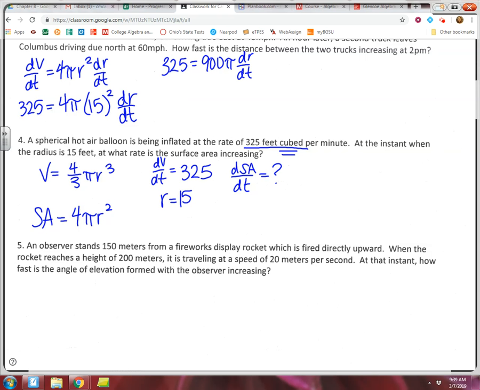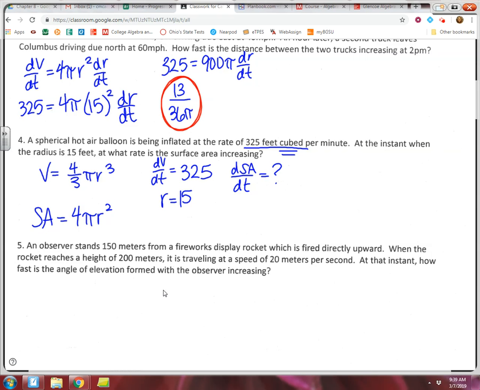Correct. Now 325 over 900 should reduce, so. Pi, right? And the pi is on the bottom. Okay, so this is what I'm going to use for dr dt.